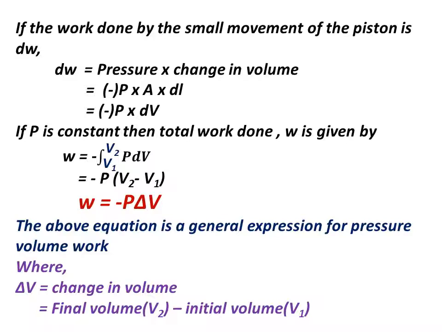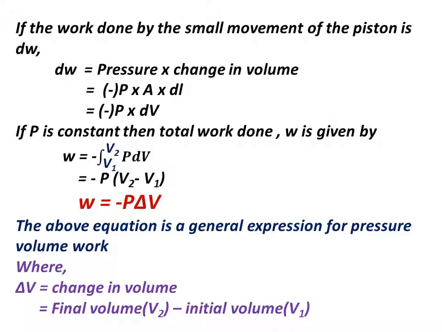Why this minus sign is there, we will discuss in detail when we talk about the first law of thermodynamics. So let us leave it there. So minus P multiplied by change in volume.